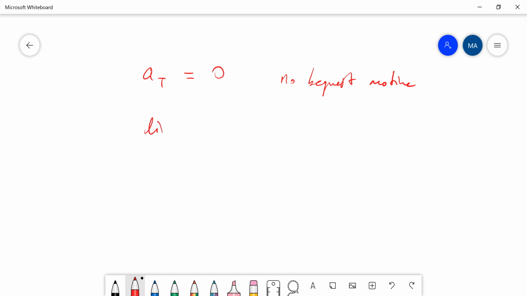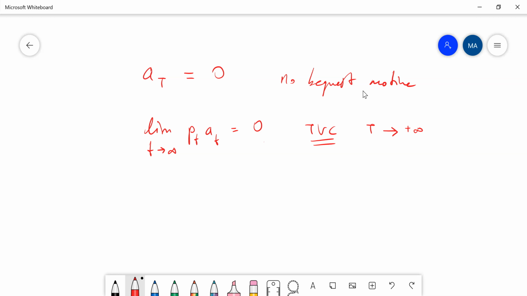Now, I want you to first imagine this. So this would be the transversality condition in the case where the horizon is infinite, right? When the horizon is infinite, that would be the transversality condition.